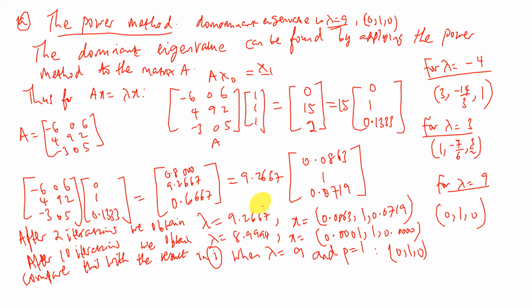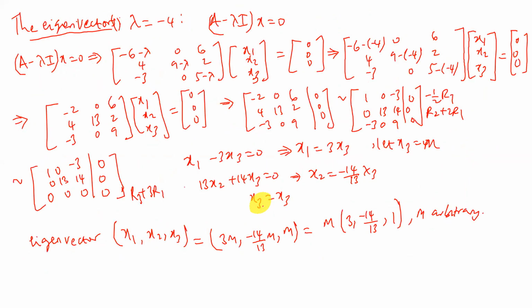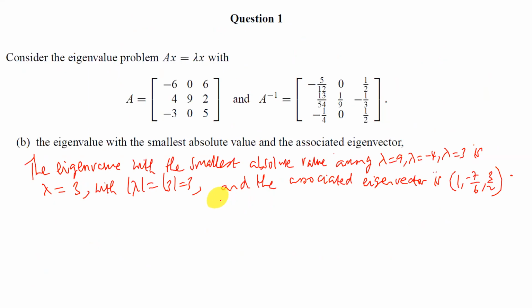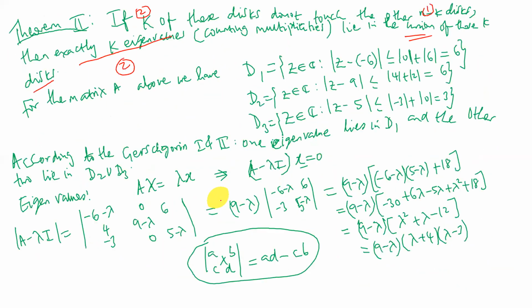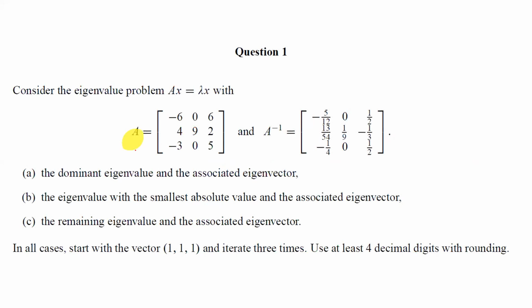So the question was, okay, here was the question. Consider the eigenvalue problem this, okay, let me come here. You consider the eigenvalue problem with the matrix A and its inverse. The dominant eigenvalue and the associated eigenvector.